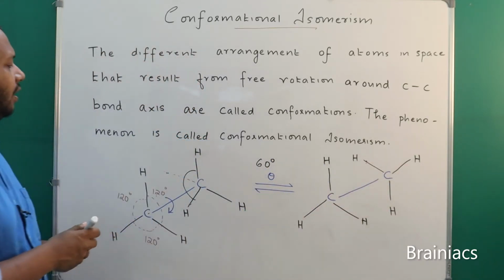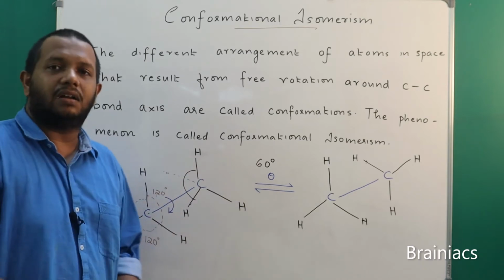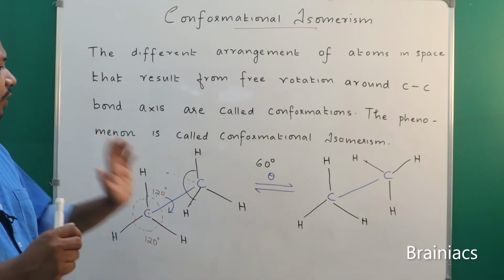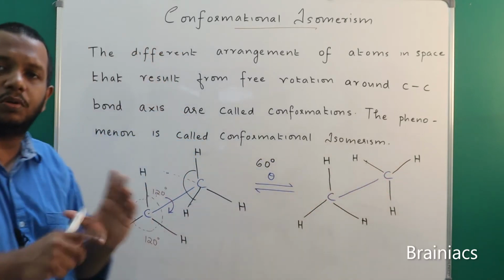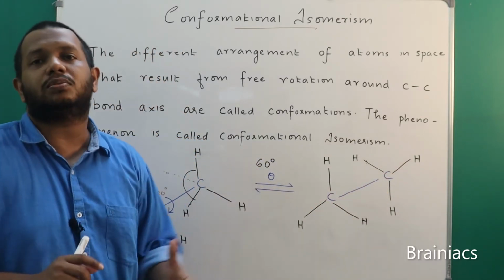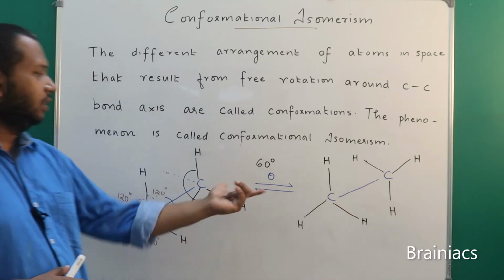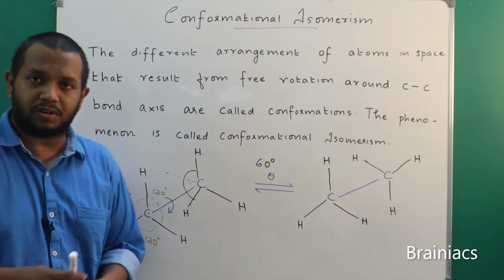So I can say that you have rotated this compound by 60 degrees, and then it has come like this. Now you can rotate it by any angle: 0, 1 degree, 2 degrees. Every time, the relative position of the hydrogen atoms keeps changing, and we call each of these isomers. These types of isomers are called conformational isomers.